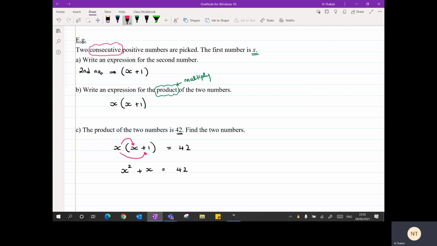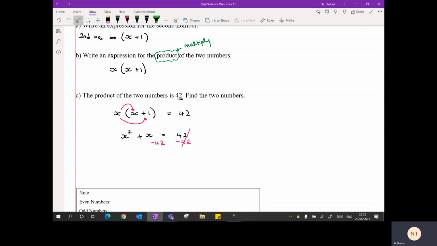But you know that you cannot solve a quadratic equation unless it equals 0, so I'm going to take away the 42, and I now have x squared plus x minus 42 equals 0.